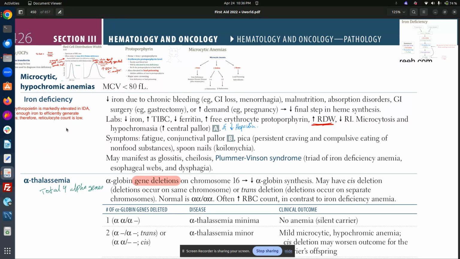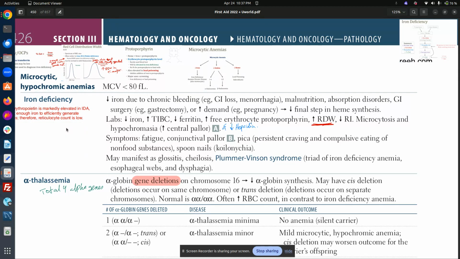For exam purposes, you should remember that ferritin and total iron binding capacity are always vice versa to each other. So when ferritin is low, TIBC would be high.